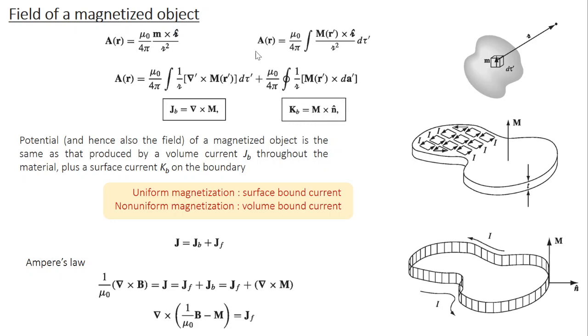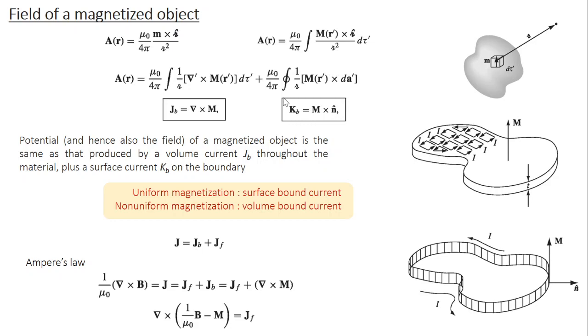Now in this case you can represent dipole moment in terms of magnetization density and rewrite the equation as A(R) equal to mu naught over 4 pi integral M(r prime) cross r cap by r square d tau prime. Now this prime notation indicates that this is the source element. Now you can apply the product rule and expand this integral. You have two volume integrals.